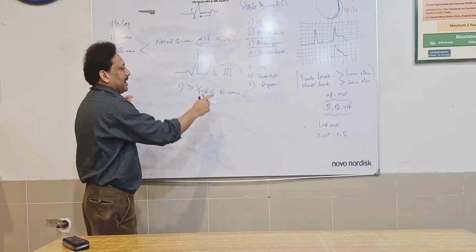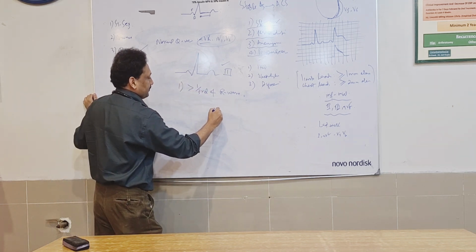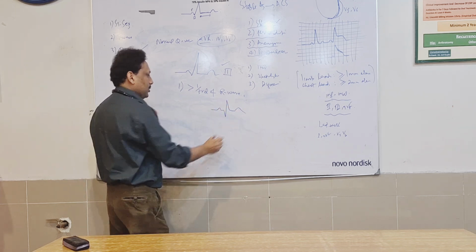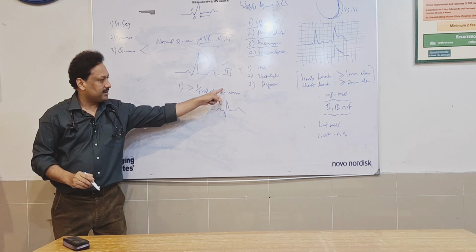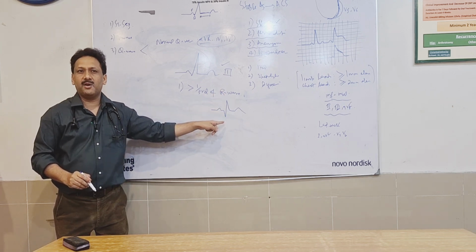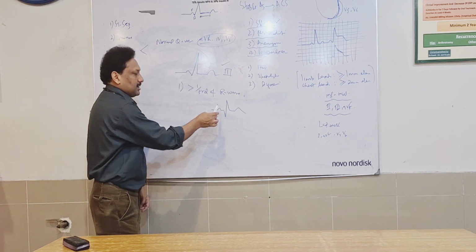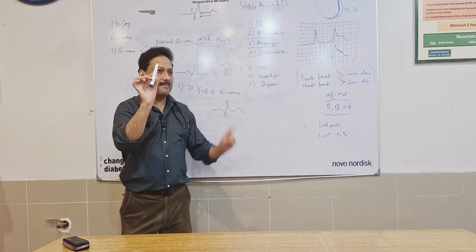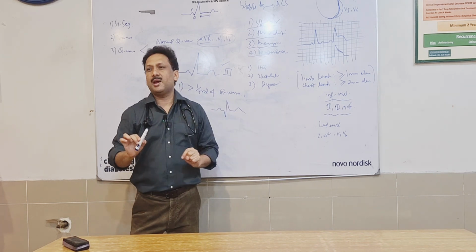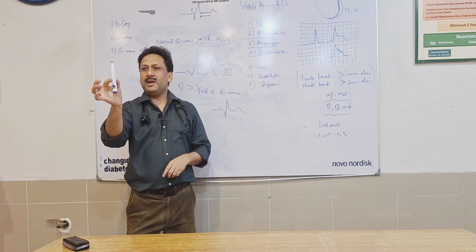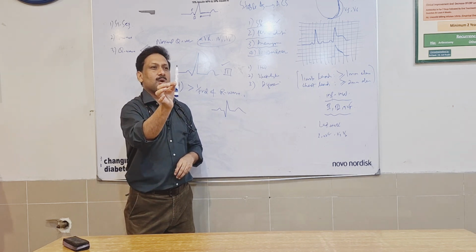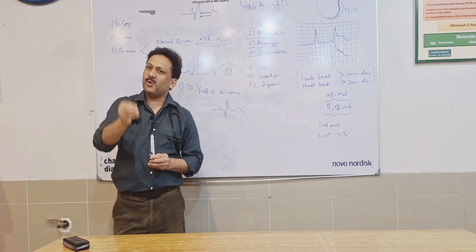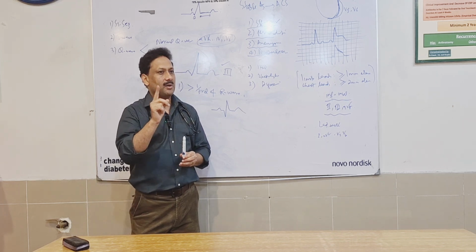What do I mean by that? Look at this picture. Do you think this is greater than 1/3 of the R wave? Now this is greater than 1/3 of the R wave. What is the R wave? Remember this very important line. Any upward deflection in the QRS complex is known as the R wave. Any downward deflection before the R wave is always the Q wave.